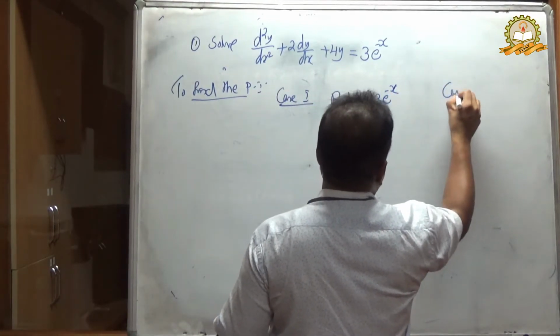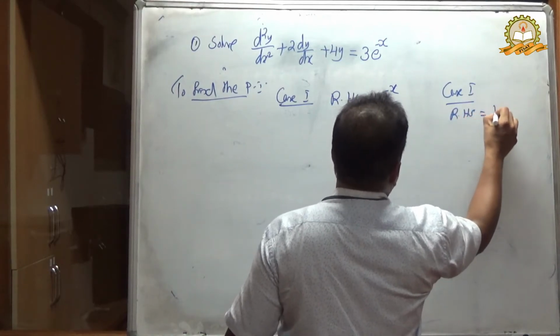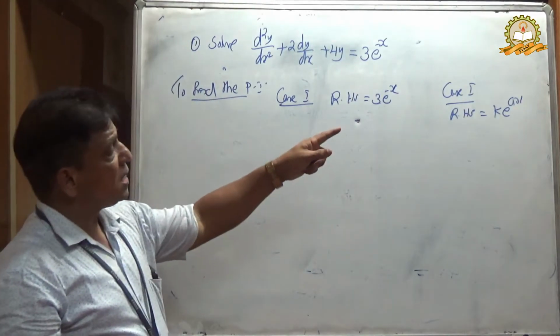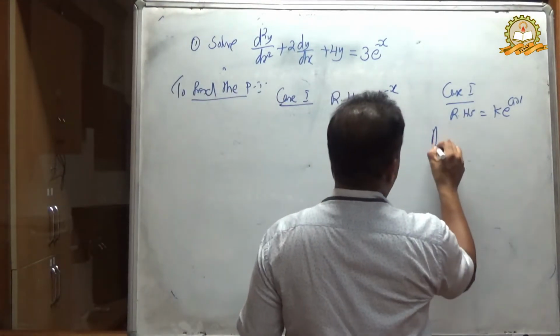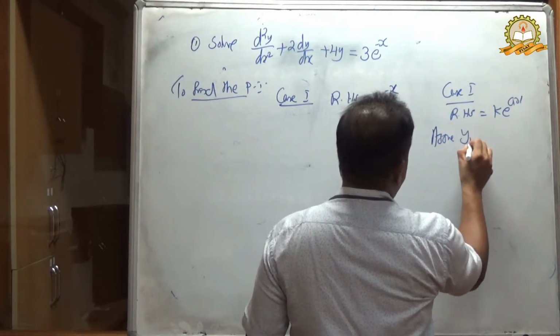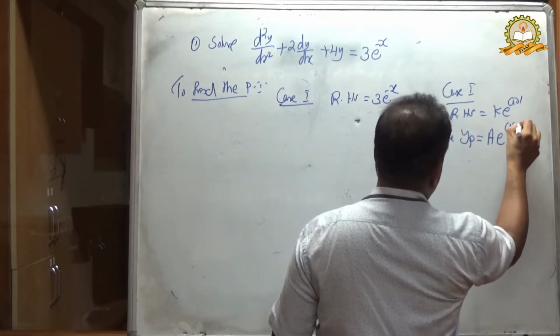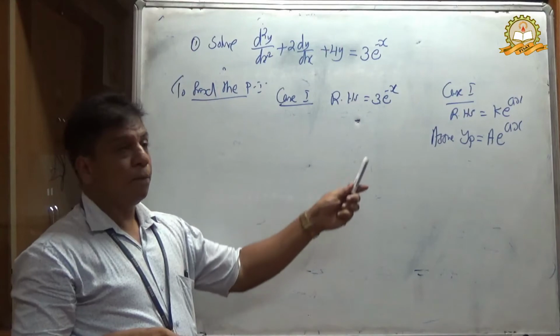Case 1 says that the right hand side is k into e raised to ax. If the right hand side is k into e raised to ax, then we assume the particular integral yp is equal to A into e raised to ax. This is case 1 for finding the particular integral.